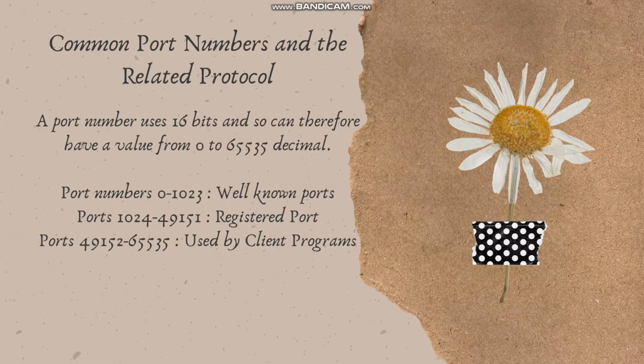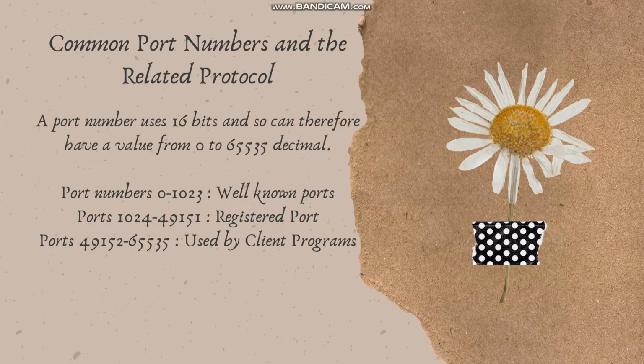A port number uses 16 bits and can therefore have a value from 0 to 65535 decimal. Port numbers ranging from 0 to 1023 are the well-known ports. These are allocated to services by the Internet Assigned Numbers Authority.